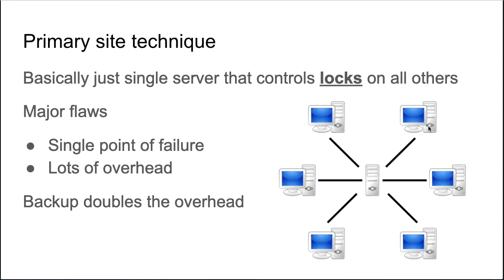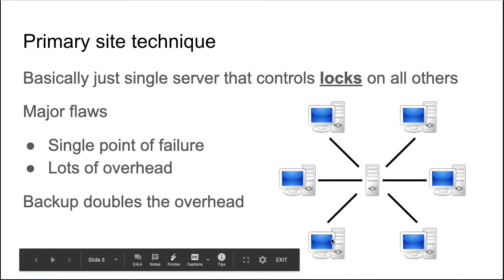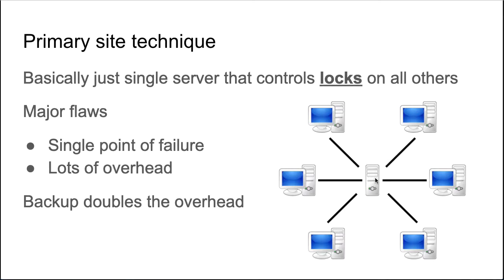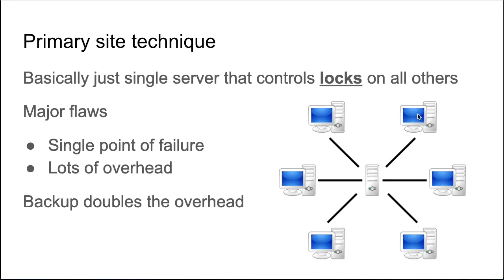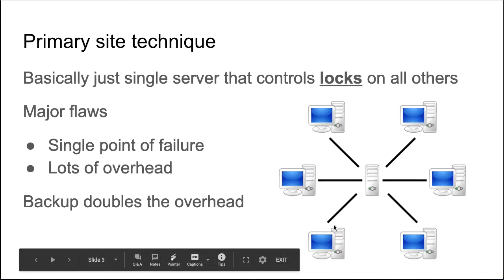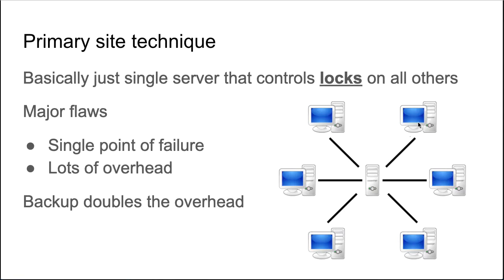If somebody over here and somebody down here both update the same piece of data, whichever one gets to the main server and updates that first, that's the real data now, and it will send it back out to all the other servers. So even if this person updated chronologically first, if this guy down here gets it to the main server first, he'll send it out to this guy and overwrite whatever he had, because this main server is the priority server.